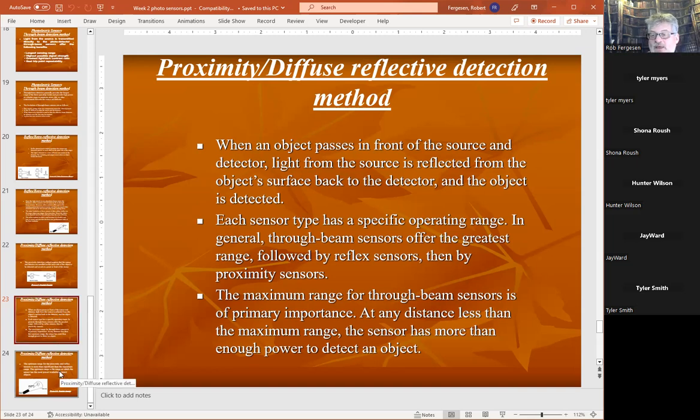It needs a very specific range, because if you have a very diffuse object with the wrong wavelength, but it's very close, it's going to look like it's generating a lot of energy, right? It may give a false positive, whereas if it's too far, we might get a false negative. So that exact distance has to be set for detecting using the diffuse reflective methodology.